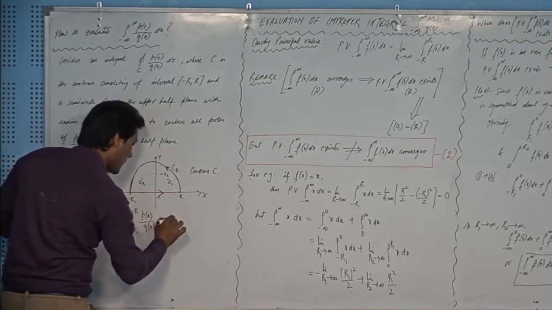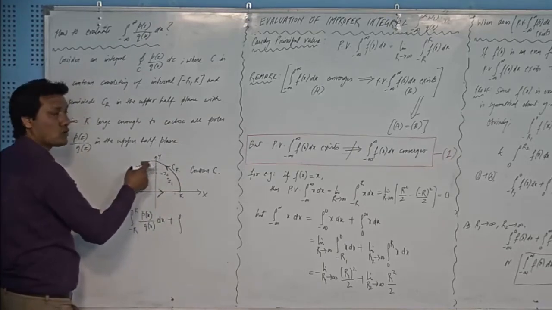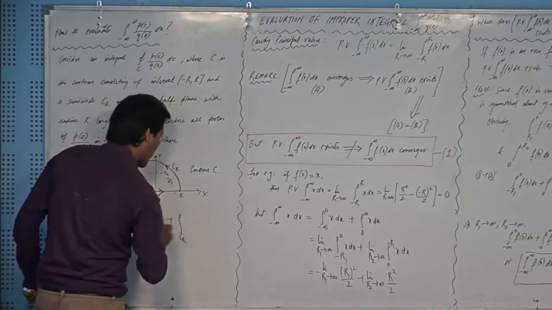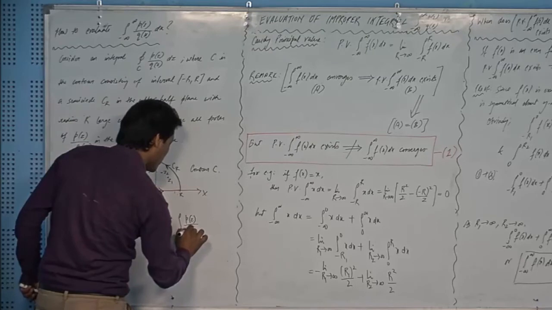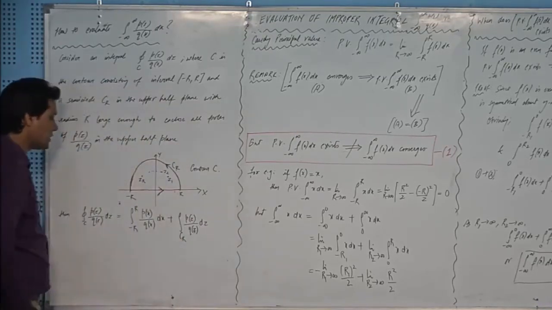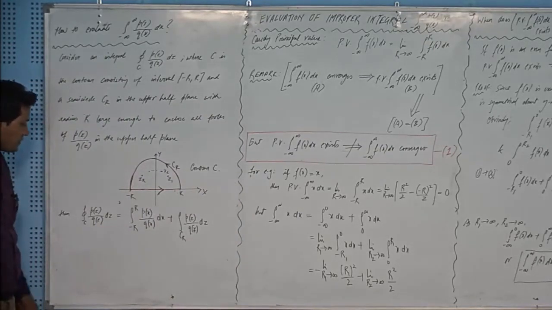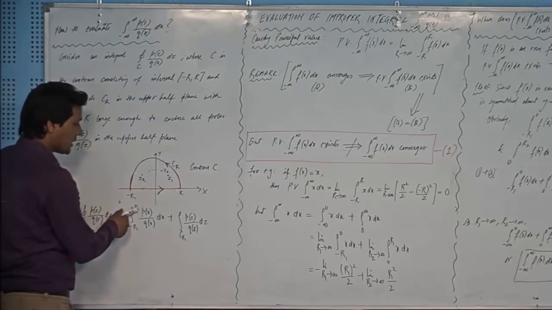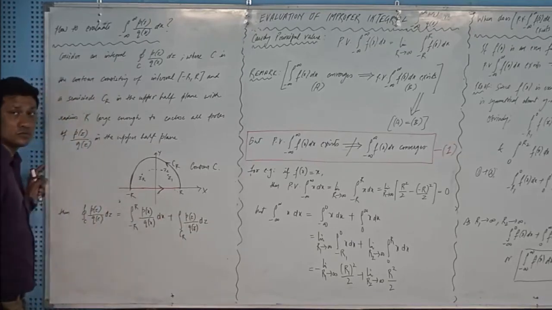For the semicircular arc, the orientation is anti-clockwise, which is considered positive, so you write C_R and P(z) over Q(z) dz. If R tends to infinity, then it will become minus infinity to infinity, and this integral goes to 0.